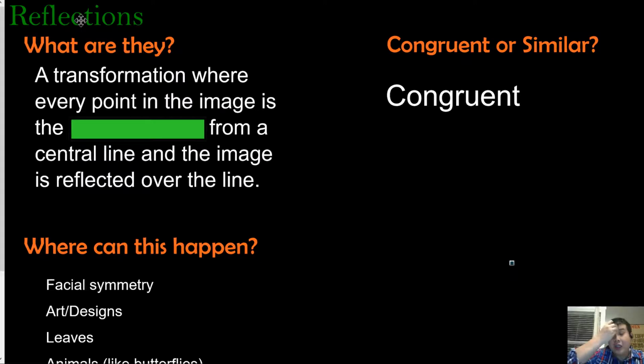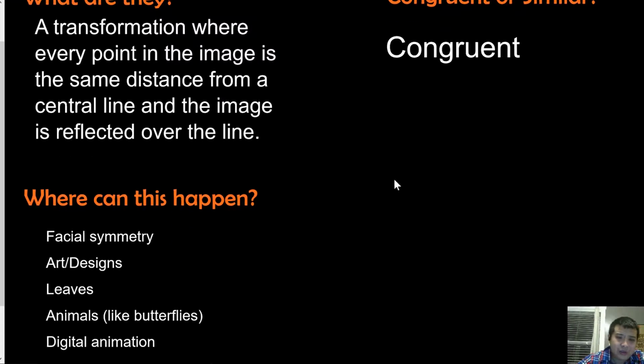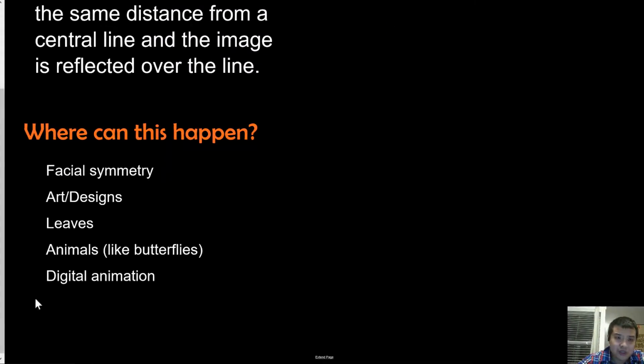Reflections are the transformation that we're going to work with today. In a reflection transformation, every point on the image is the same distance from the central line and the image is reflected over the line. As we just said, reflections produce congruent images. This is probably the most commonly used transformation.